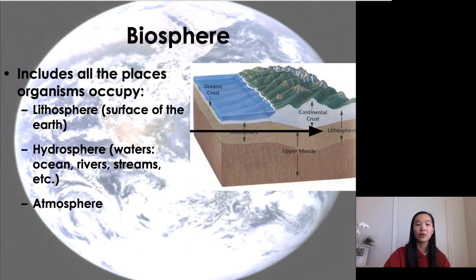Okay, so one of the big questions that ecologists seek to answer when they're studying different species is, why does a certain species live in a certain area and not in a different area? Why doesn't this species live everywhere? Because not every species is going to live everywhere, right?